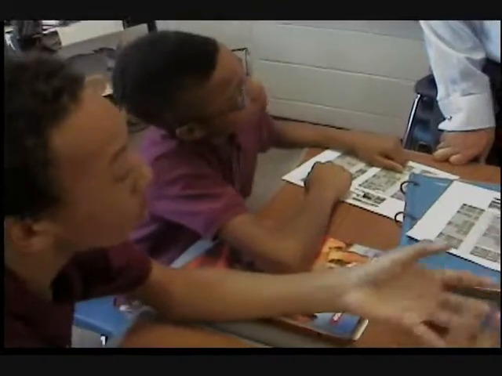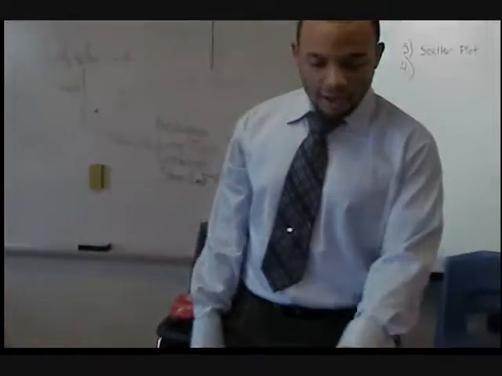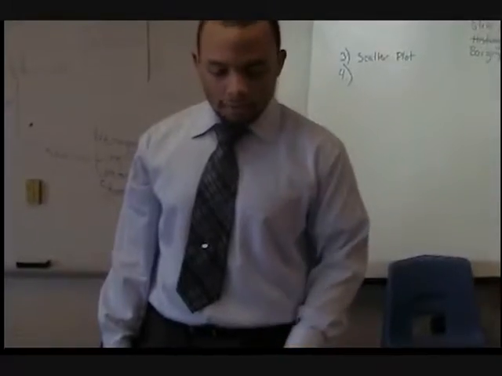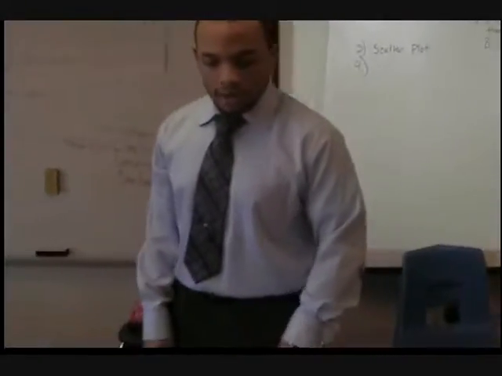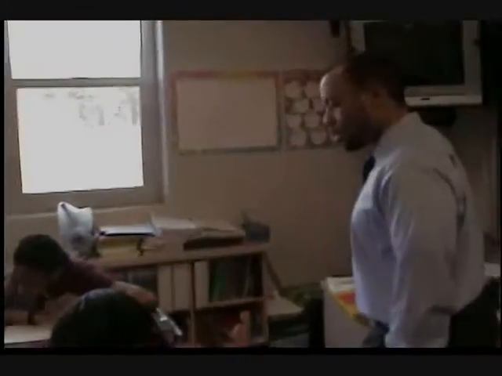Oh, so you're gonna go a step further. You're gonna make your back-to-back stem-and-leaf plot, and then you're gonna go an extra step and find the median and mode. Yes. Okay, good. Sounds like a good plan. Go ahead and draft. You're just drafting it. Don't forget the key.